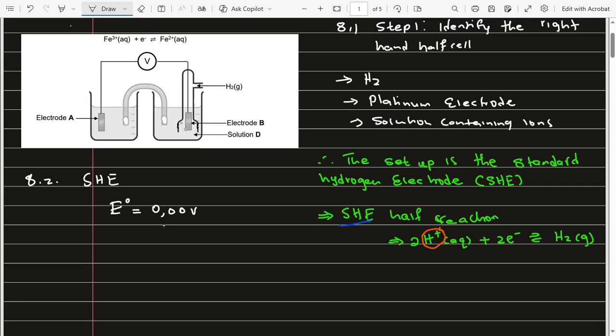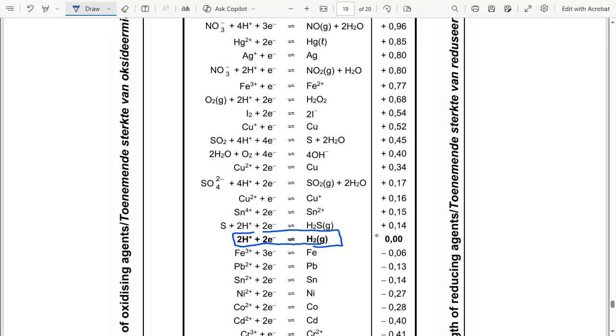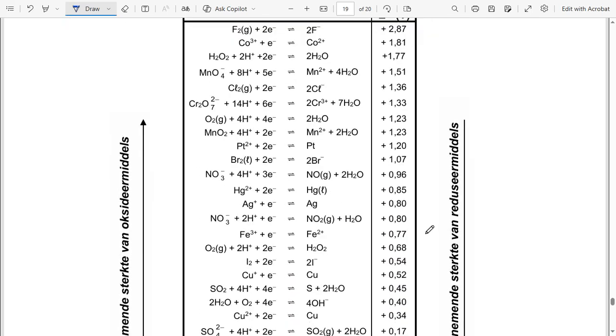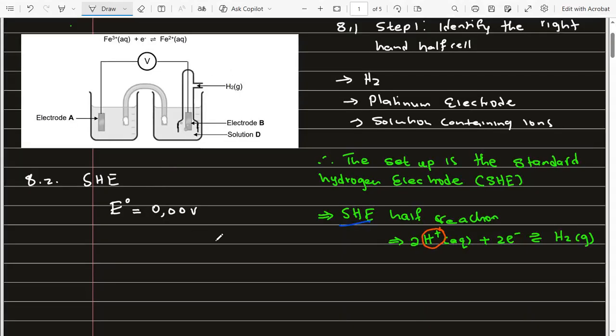Even if we go to the periodic table, you'll see that they chose the SHE and assigned it the E of 0. Since this is the case, now that you understand what the standard hydrogen electrode means, it means that it's measured relative to the standard hydrogen electrode, and the reference electrode is assigned 0.0.